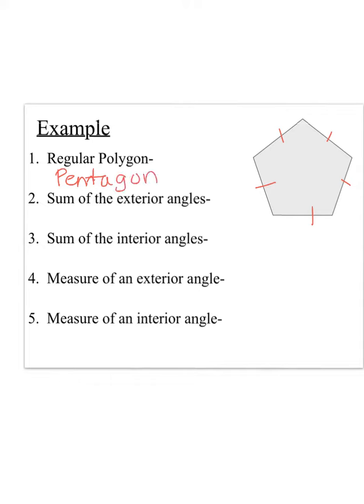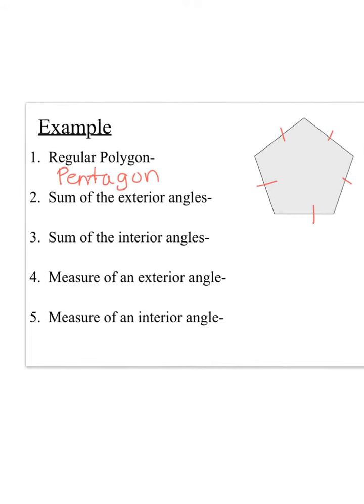We know that the sum of the exterior angles of any polygon is 360 degrees. The sum of the interior angles is 180 times the number of sides minus 2. So that gives us 180 times 3, and the product is equal to 540 degrees.